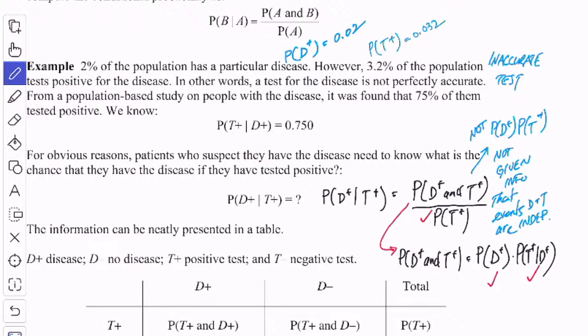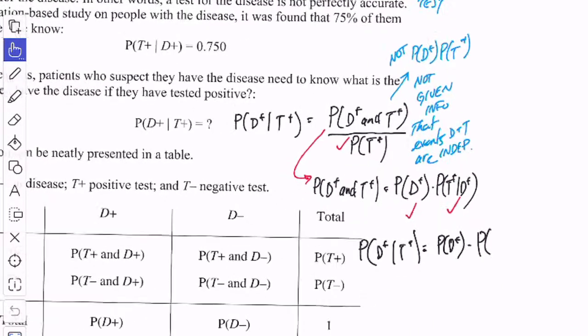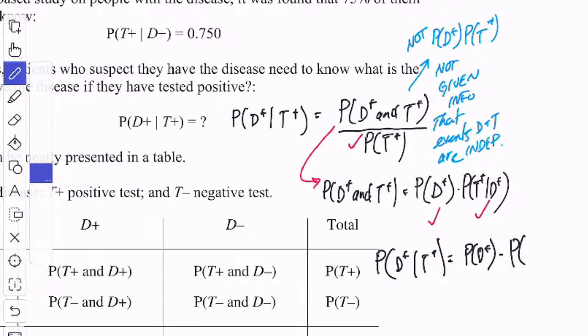So I need to calculate the probability of the disease if you have a positive test. And this will be equal to the probability of disease times the probability of testing positive if you have the disease.